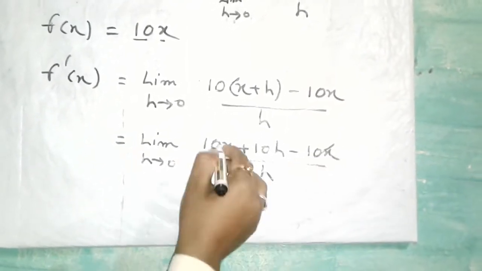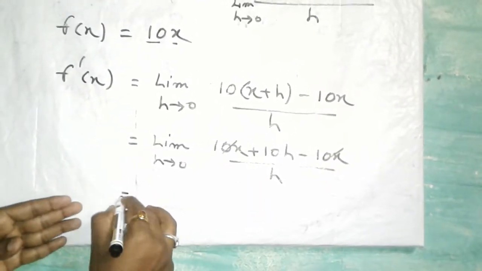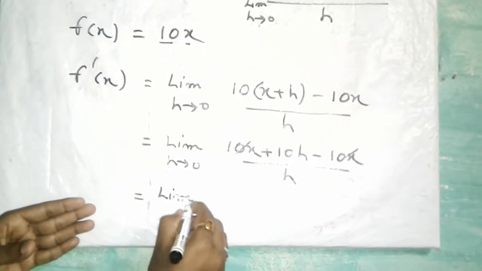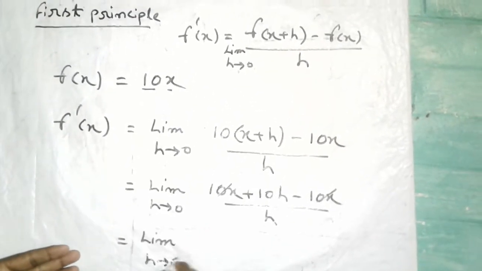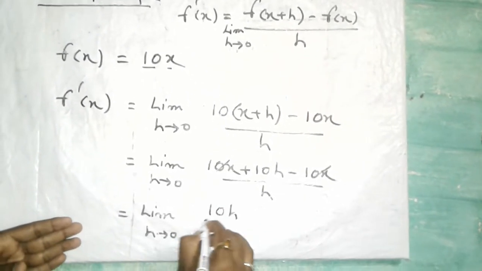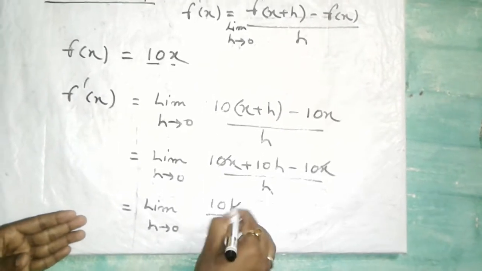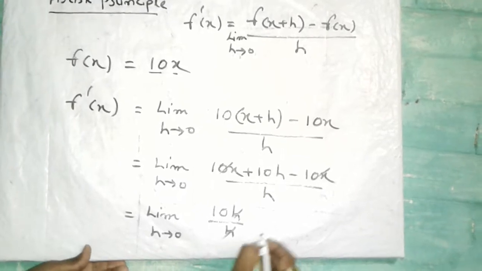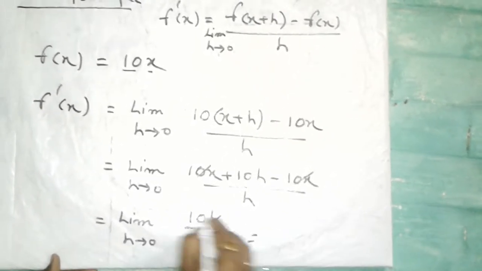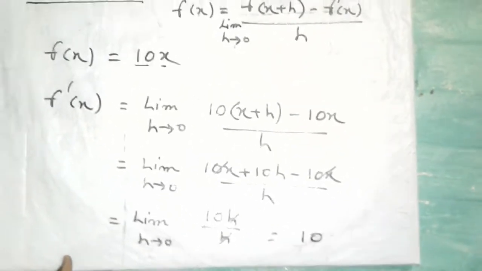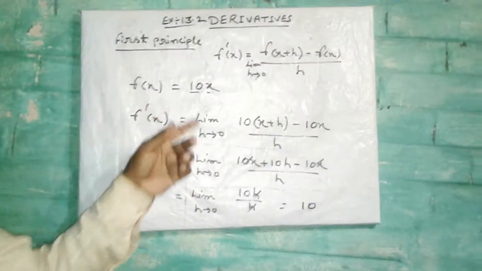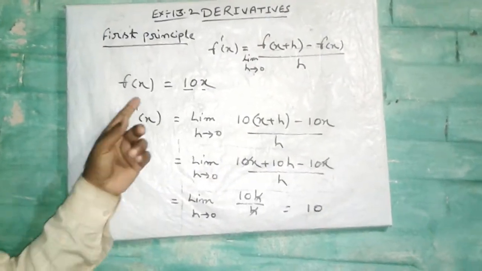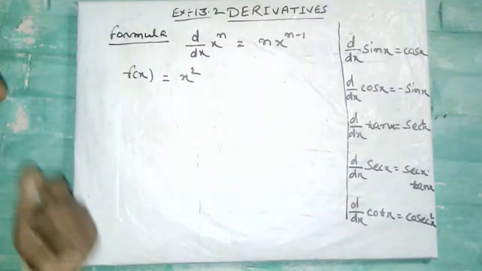So 10x and minus 10x will cancel out. We will get the limit as h tends to 0 of 10h by h. Now this h will cancel out. We are in a position to put h equal to 0 here. So only 10 is left. So our value is 10. This is the way, by using the first principle, we can calculate derivatives.